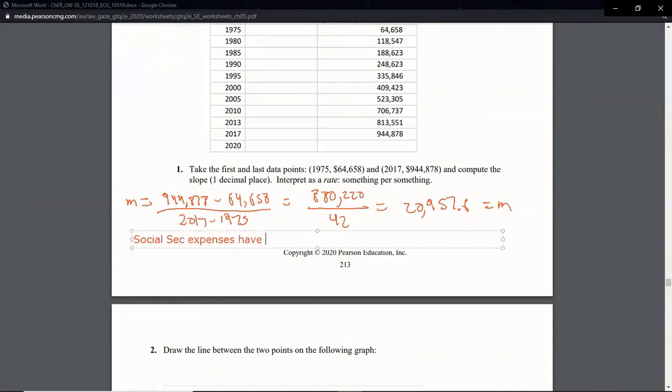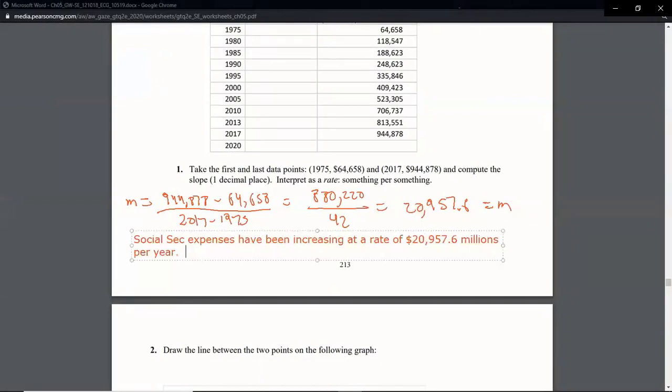Social Security expenses have been, well, the slope is positive, so instead of just saying changing, I can say has been increasing at a rate of, and then this is where we use the slope, 20,957.6, and that's in millions per year.